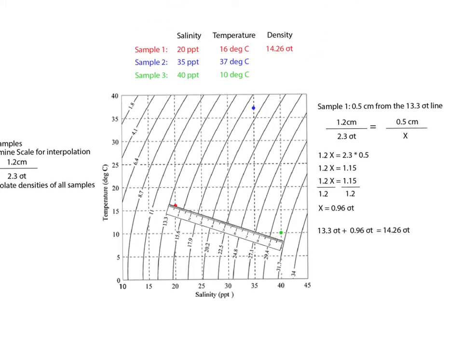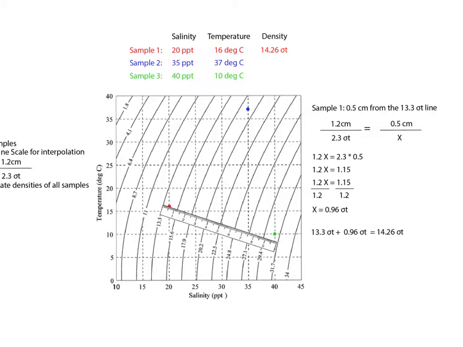And so we can say that 1.2 centimeters on the paper represents 2.3 sigma t in the real world, and we can set that equal to 0.5 centimeters on the paper, and we're going to solve for x. What does that mean in the real world? That's going to tell us how many sigma t we are away from 13.3.